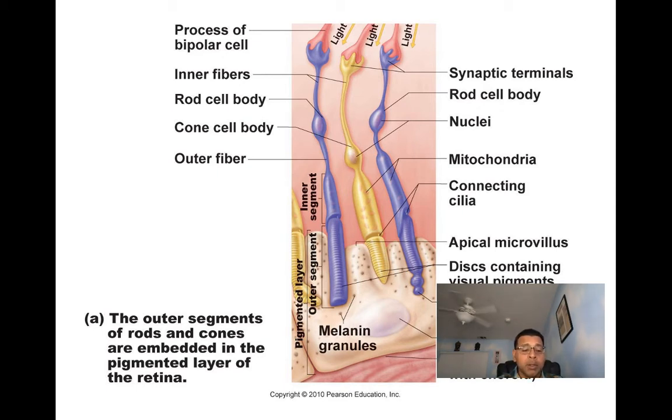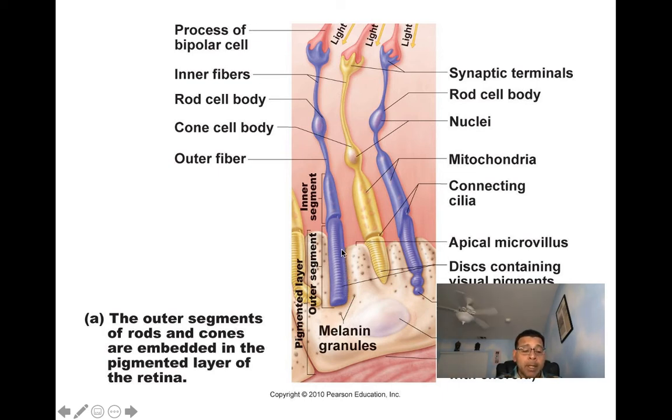So let's move into the visual pigments, the photopigments. Our visual pigments are found in the outer segments, and they change shape as they absorb light. These pigments are embedded in discs, and you can see those discs are found inside these outer segments.